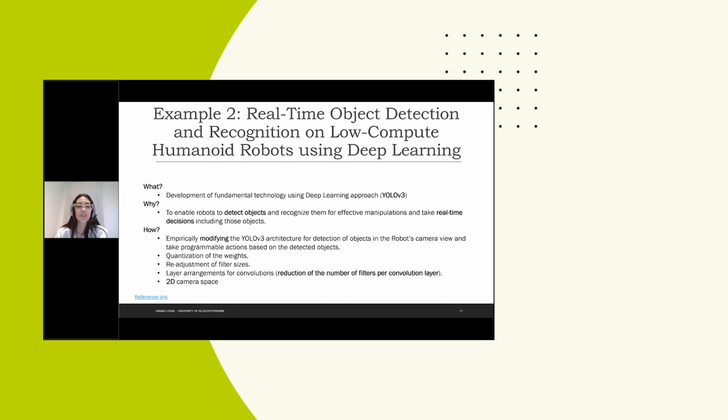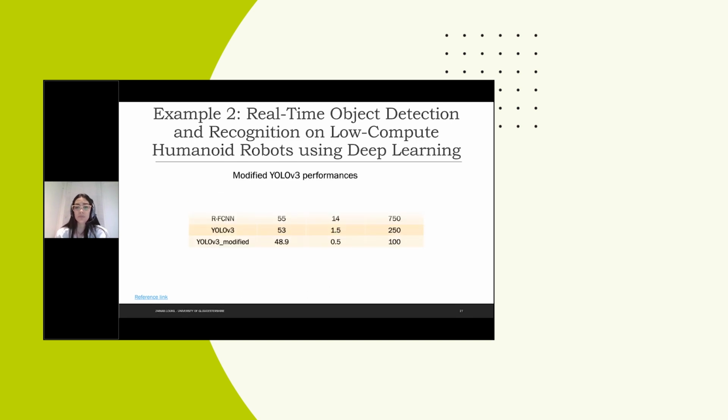Again, they use 2D camera space, and for their modified YOLO version 3, the average precision wasn't better than YOLO version 3. The mean inference time, which is another parameter, was less than the actual YOLO version 3.